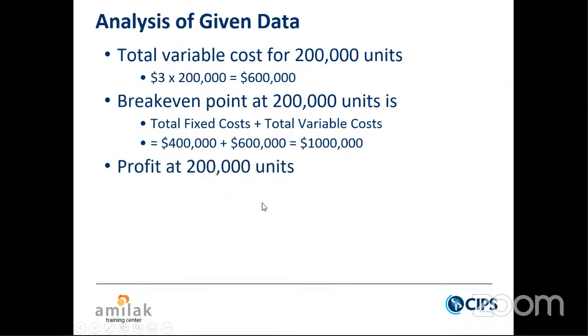All right. Now the profit at 200,000 units is the number of units times the selling price minus the total cost. The total cost at 200,000 units is equal to 400,000.